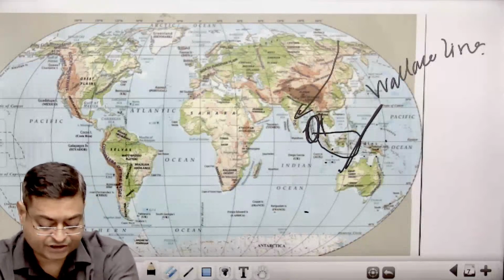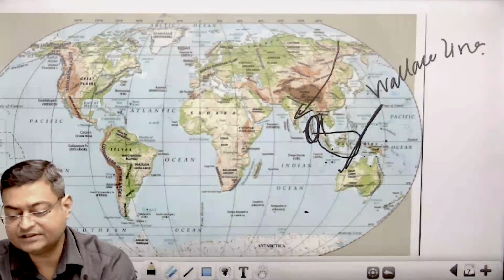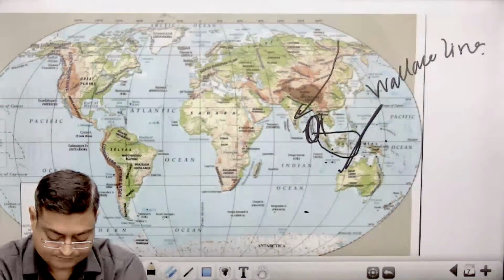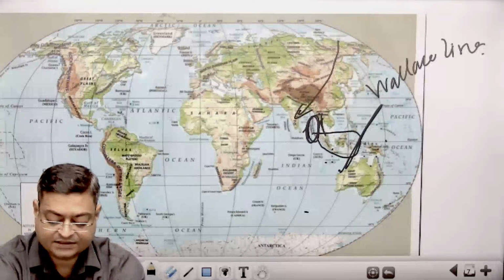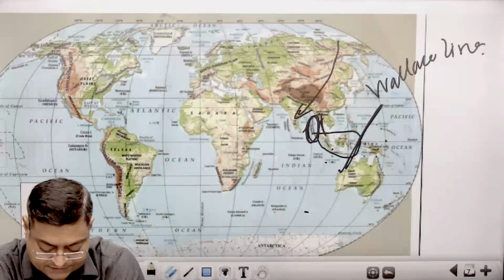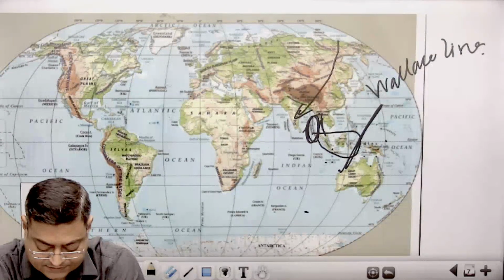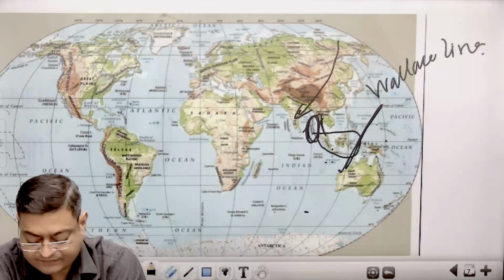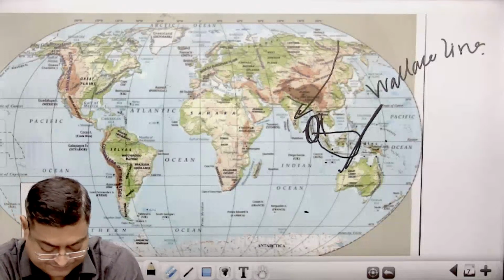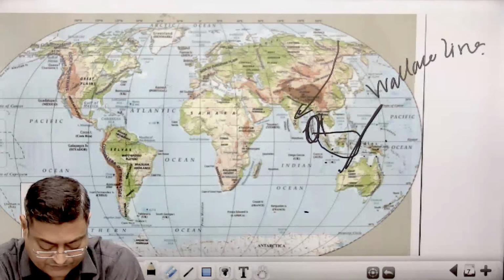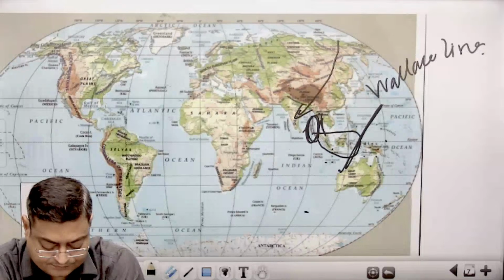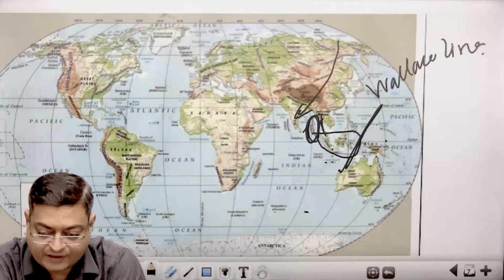The Convention on Biological Diversity, in the first Earth Summit or Rio Earth Summit, has given three major objectives. First, conservation of biological diversity.